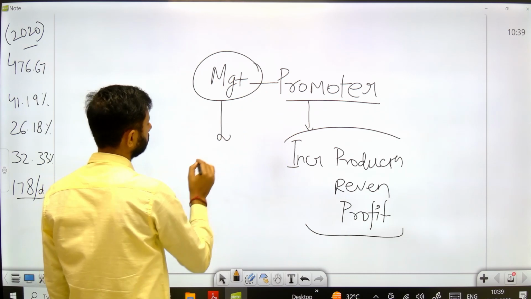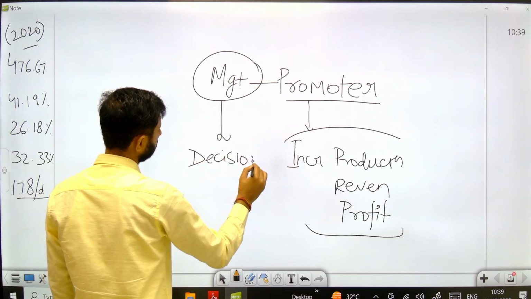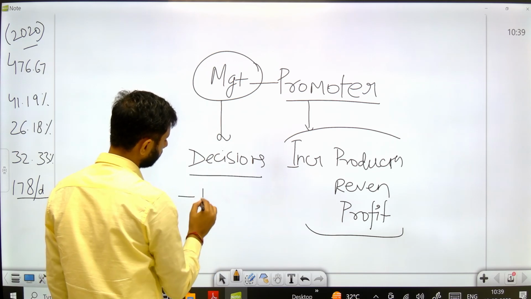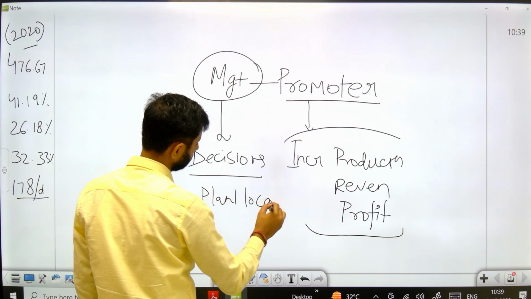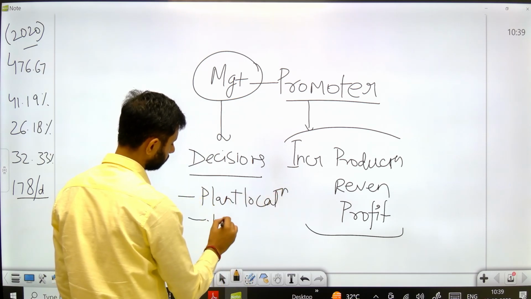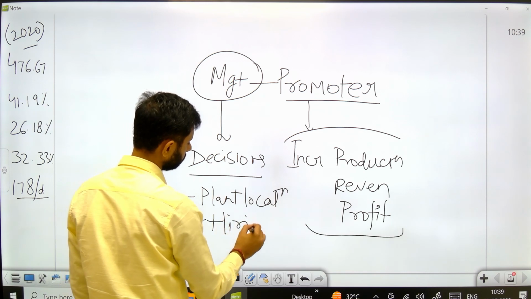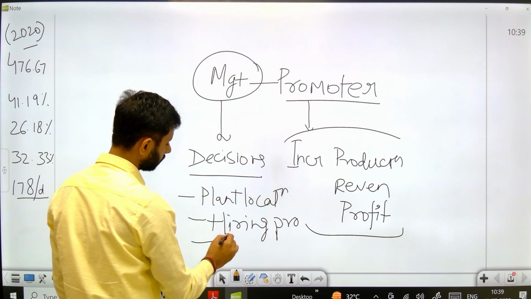Management can take major decisions with respect to plant location, the hiring process, and wage structure.